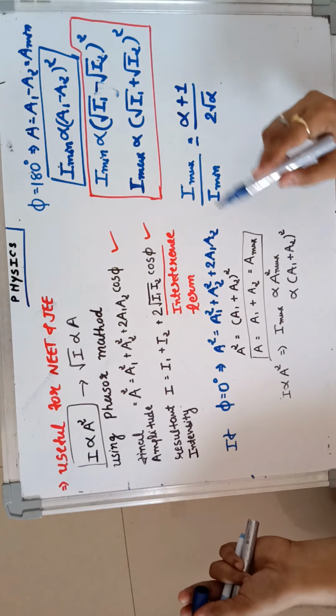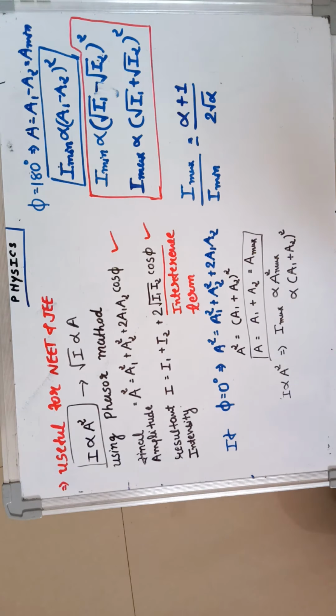The inverse of this equation is called the visibility of interference. So this is the most important, and please read carefully and do the homework.